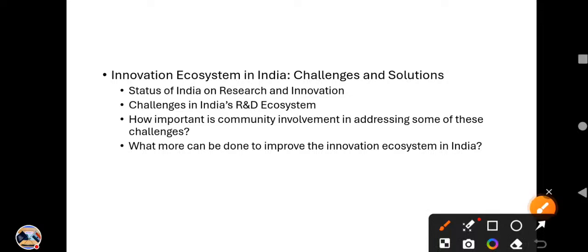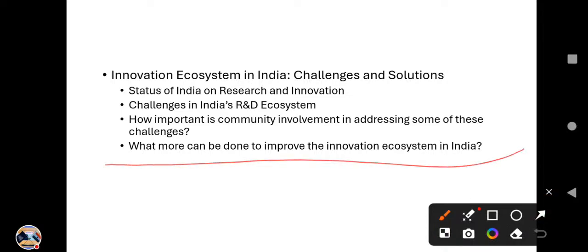Next, you can see what more can be done to improve the innovation ecosystem in India. We can see what the various recommendations are, and how we can improve these innovation ecosystems in India.